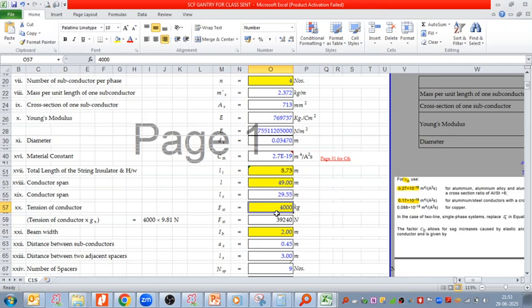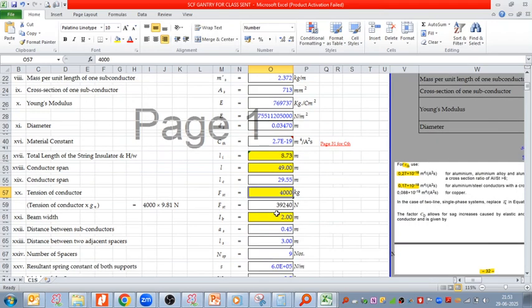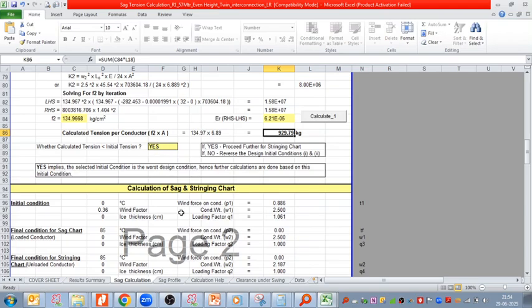This is one way, and then kg is converted into Newton, so we multiply by g, 9.81, to convert kg into Newton. It comes to 39,240 Newton. So this is method A.